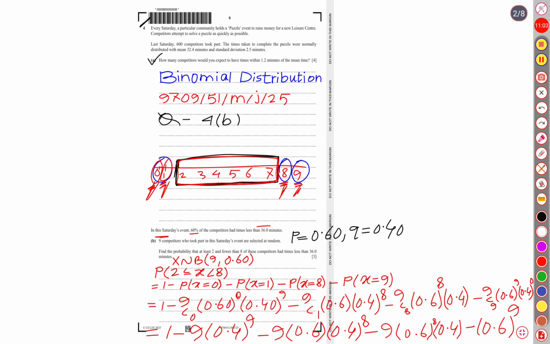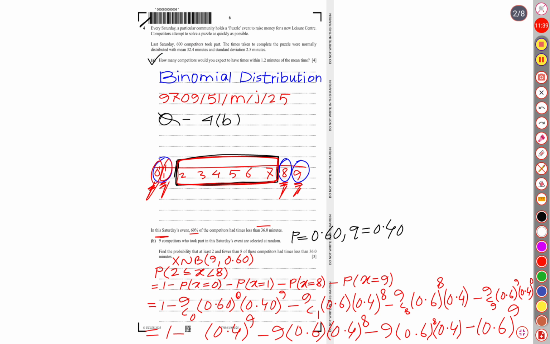In the first one, we made a mistake. It should not be 9 actually. If we choose no one from 9, it is actually one way. From 9 people, if you choose no one, there is only one way of choosing no one. So our probability is going to be 1 minus 0.4 raised to 9, minus 9 times 0.6 times 0.4 raised to 8, minus 9 times 0.6 raised to 8 times 0.4, minus 0.6 raised to 9.